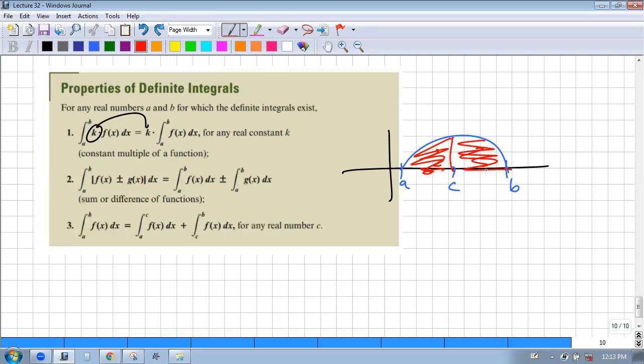This will be useful later because, like I said, if you have something like this, right, when you integrate, this area is going to come out negative. This area will come out positive, right? So if the question is, well, what is the area overall? You're going to have to put a minus sign in front of this integral to make it a positive number.